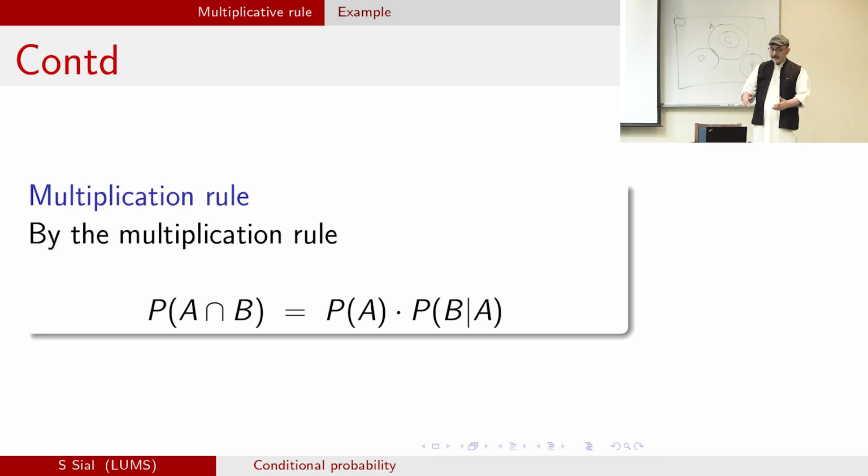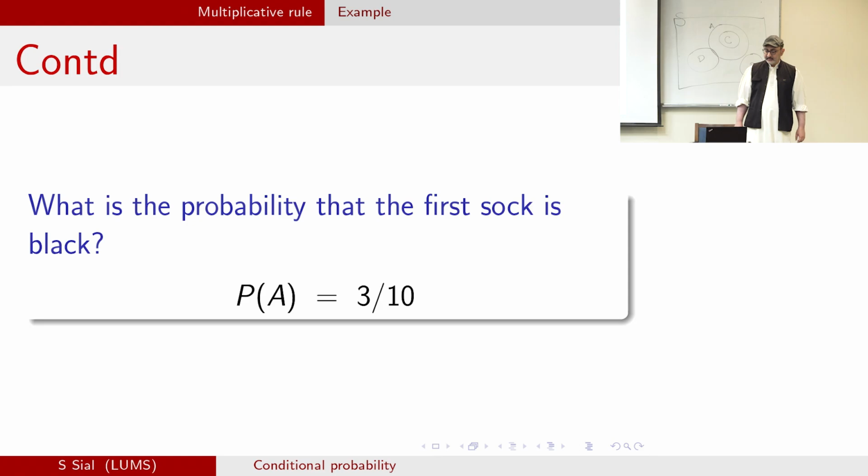So in this equation, I know how to calculate the elements on the right-hand side. It might be more complicated to calculate the probability of the intersection directly, but these other probabilities I found fairly easily. So once again, you had 3 black socks out of 10 total socks, so the probability of drawing a black sock first was 3 out of 10.